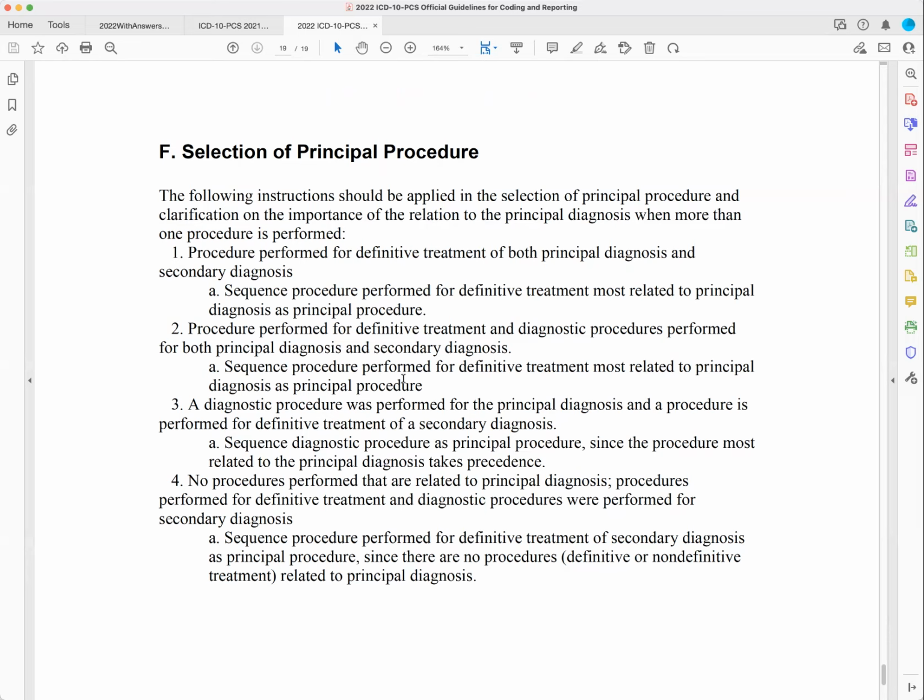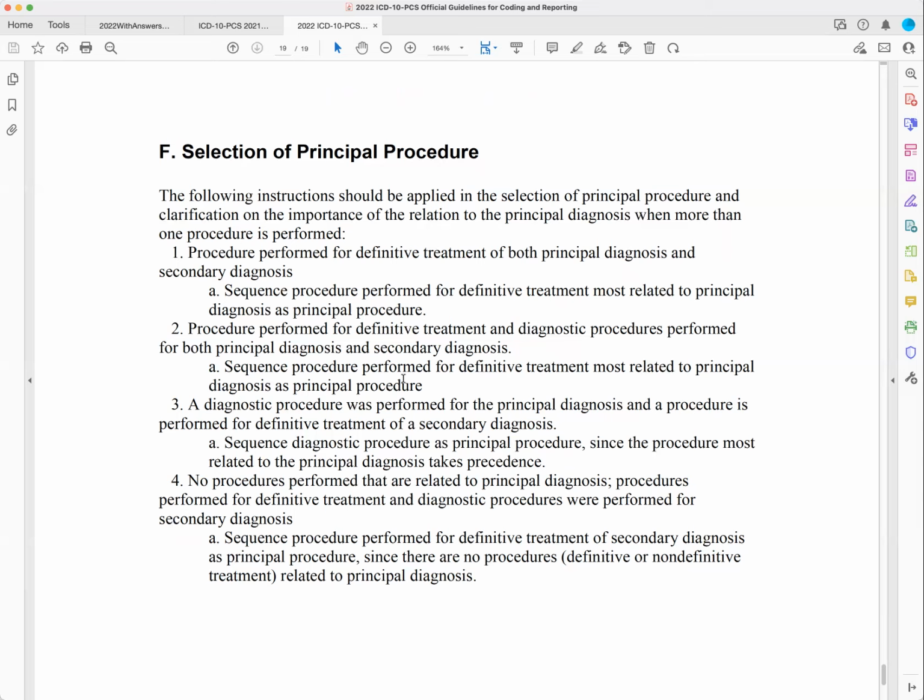So the answer to which code goes first is always going to be, well, it depends, because it depends on your case scenario. In the real world, you would have an entire inpatient admission, because remember, PCS codes are used for inpatient facility billing. So to bill the hospital services. So not the professional bill, but the facility bill.